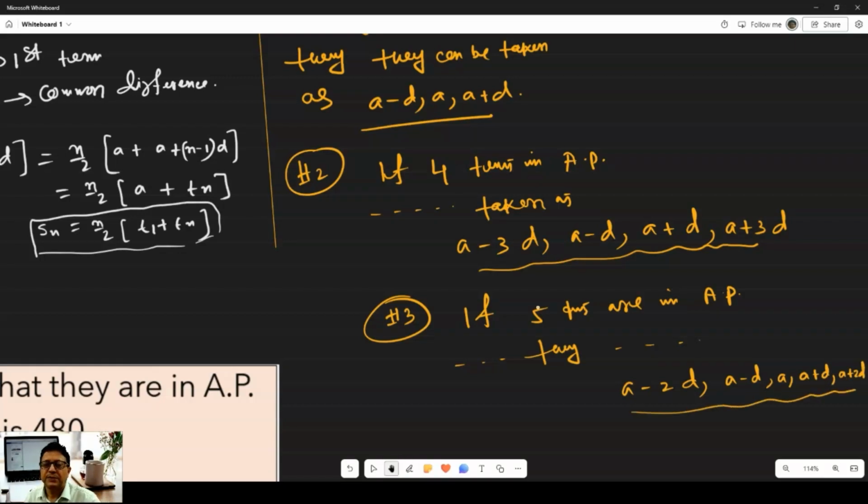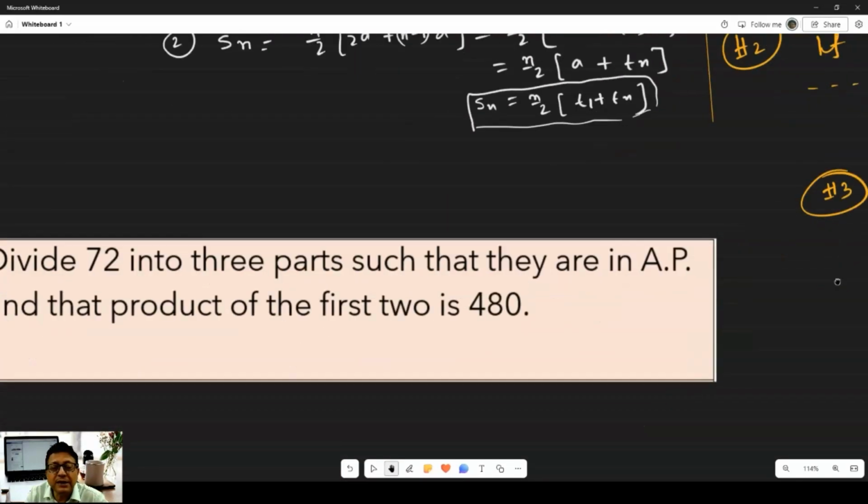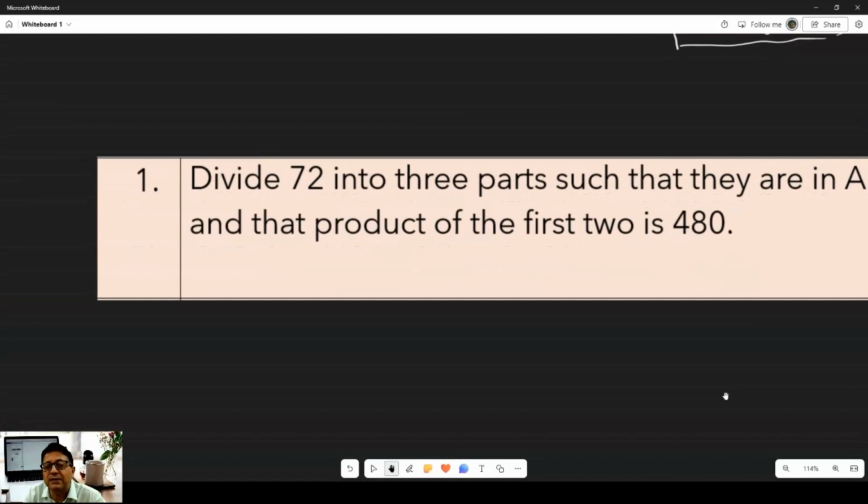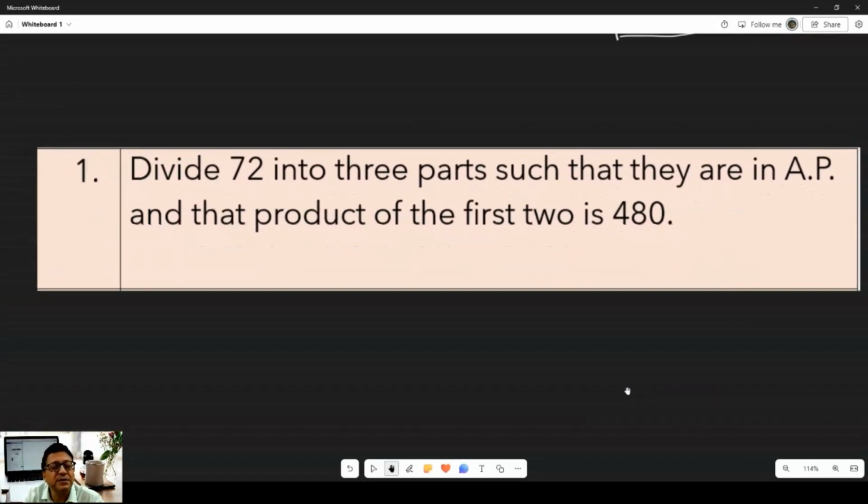Alright? 5 terms in AP can be taken this way. Again the same logic, sum of the 5 terms is going to be equal to 5a. It will help us. Let us see the problem I have selected as the first problem in today's session.